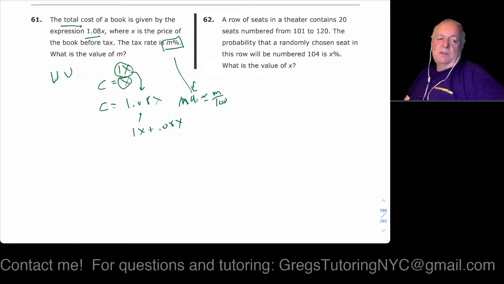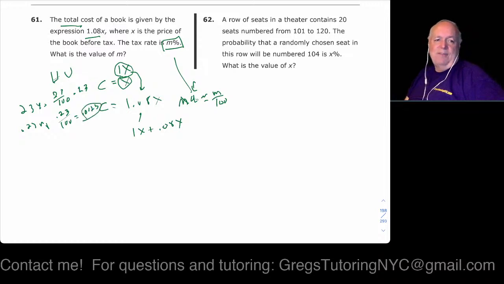And this is how students get into trouble with 23% versus 0.23%. 23% is 23 over 100, right? Or 0.23. 0.23% is 0.23 over 100, or 0.0023, right? Enough students will mess that up. So be careful with that.